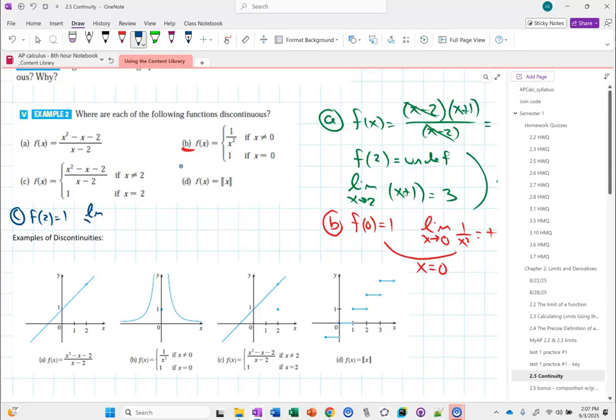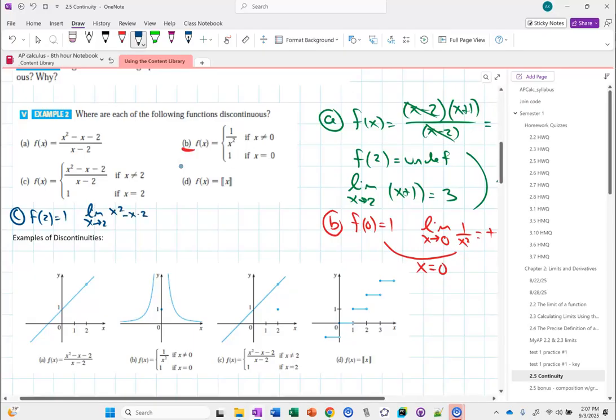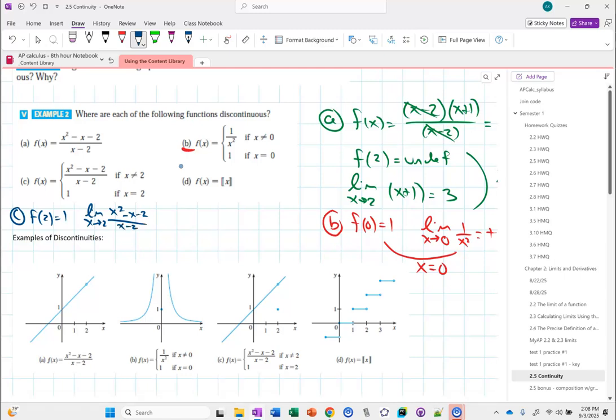And we just need to check the limit as x approaches 2 of this guy. Now we did this before, right? This was just x plus 1. So is this continuous at x equals 2? No, because the limit doesn't equal the function. So we're still discontinuous at x equals 2.